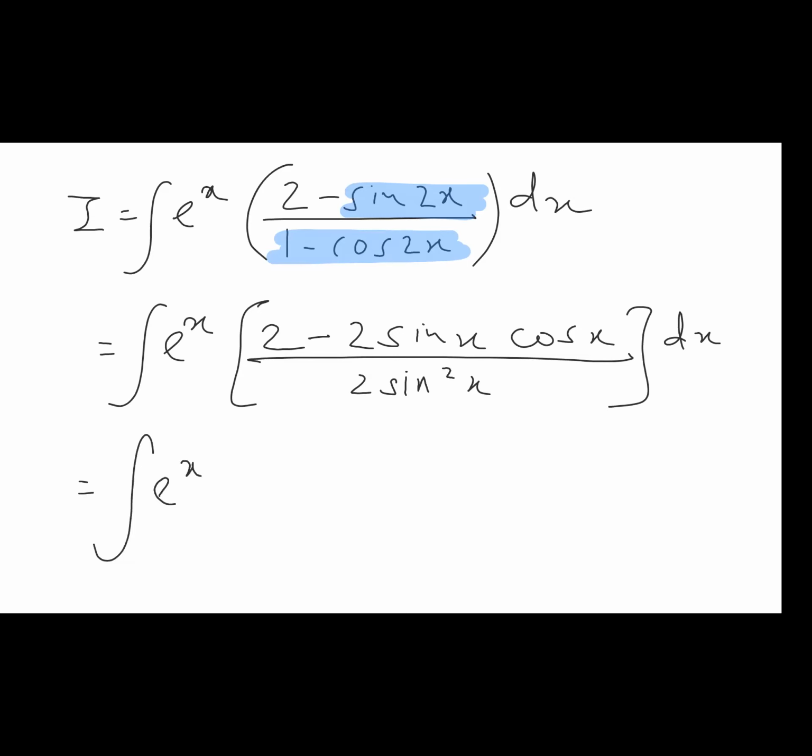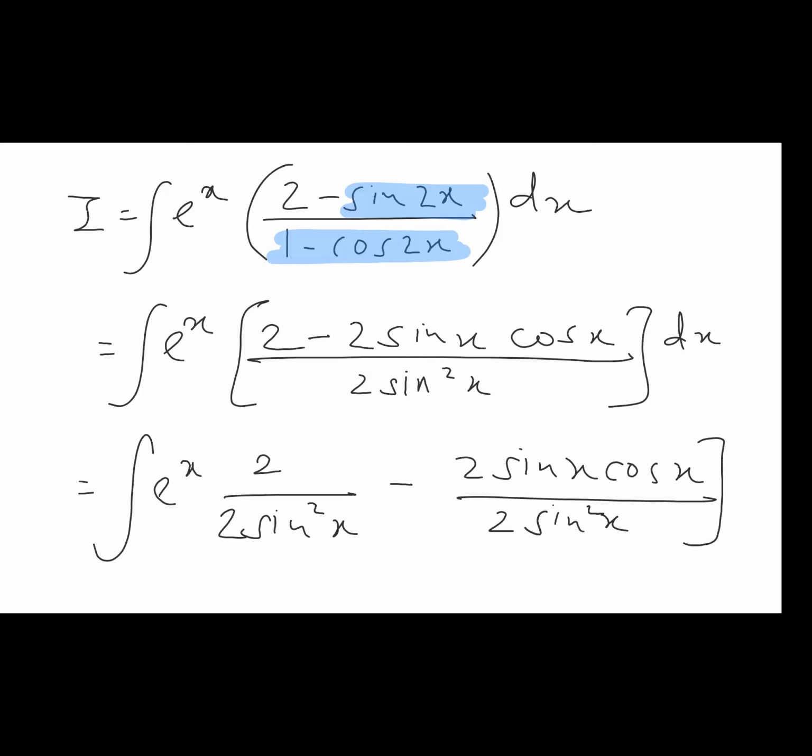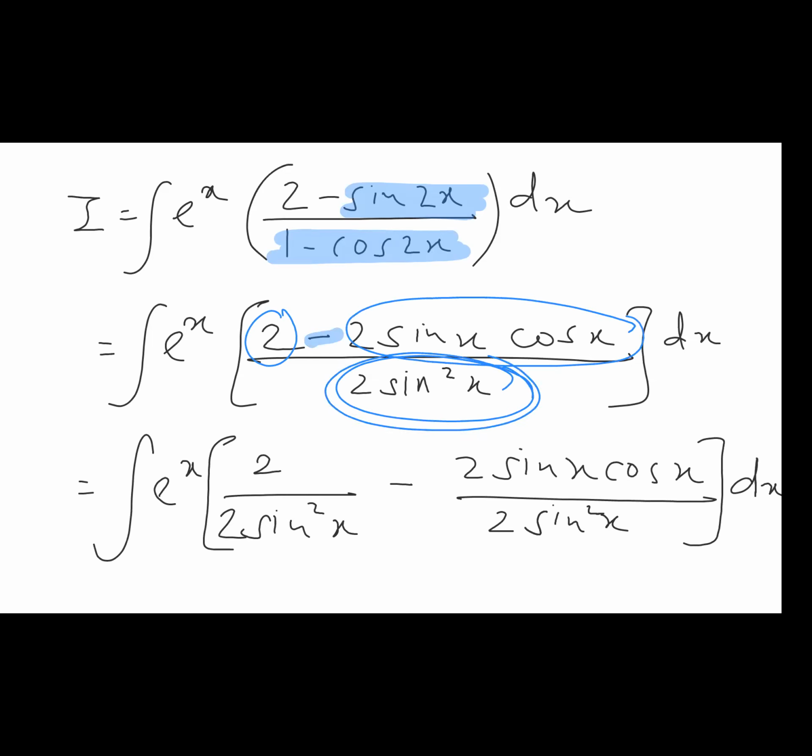So e raised to x, now split: 2 upon 2 sin square x minus 2 sin x cos x upon 2 sin square x.